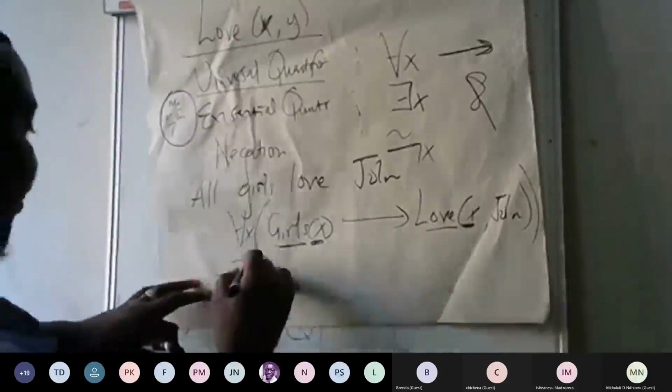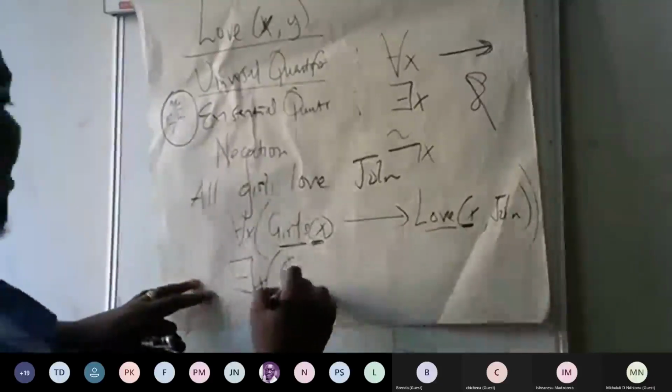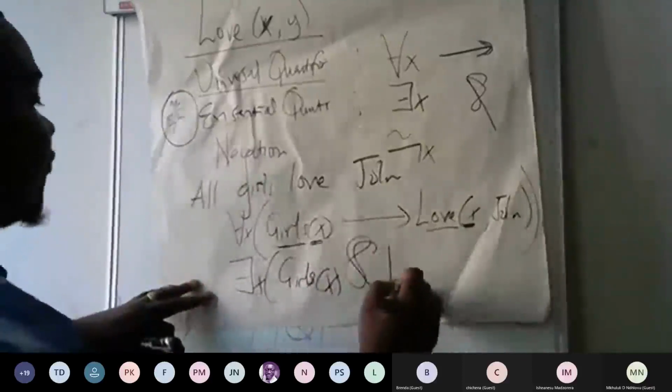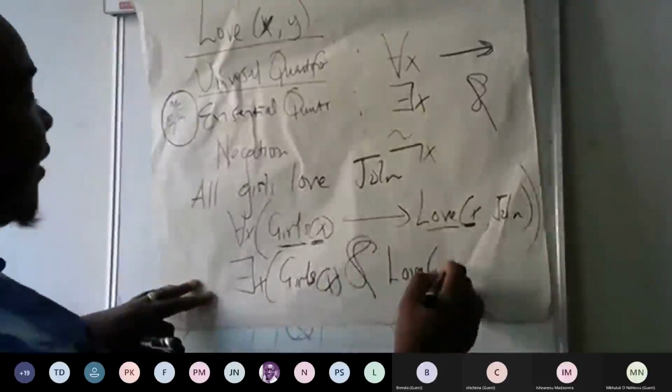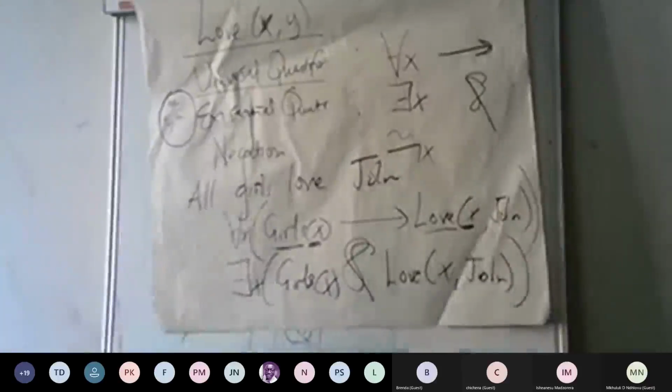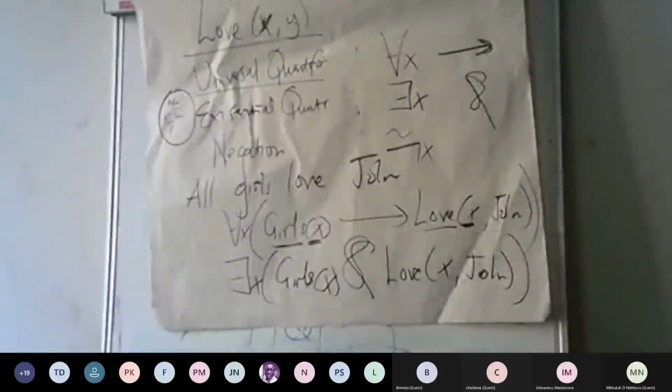So I can still have there exists girls of X ampersand love X and John, because the exists moves well with the ampersand.